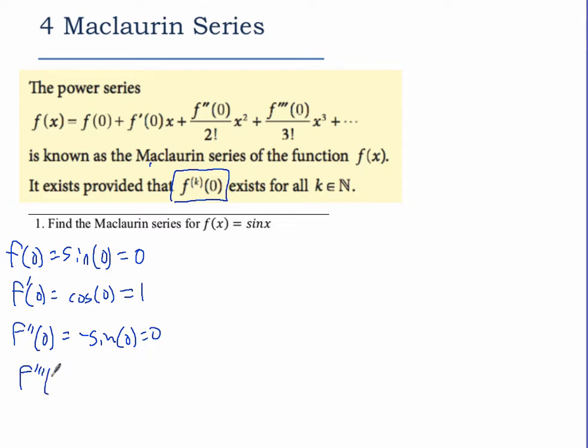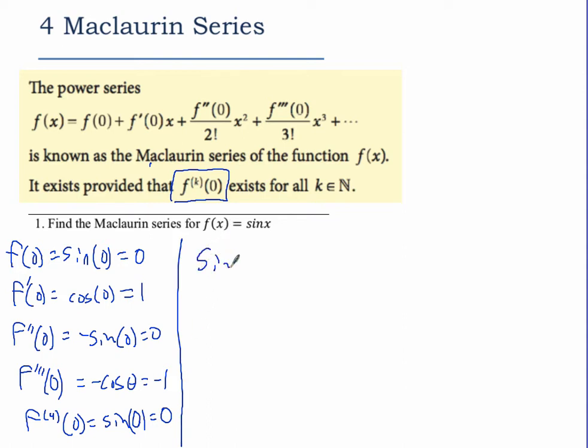F triple prime is negative cosine 0, which equals negative 1. Then if we go to the fourth derivative, that's going to be sine 0 again, which equals 0. Then it repeats. It goes 1, 0, negative 1, 0, and so forth.